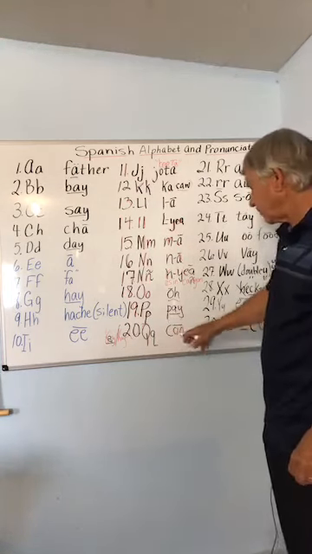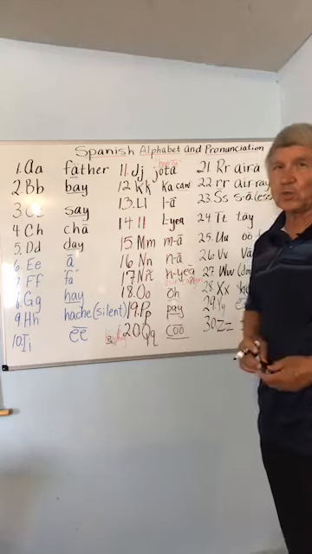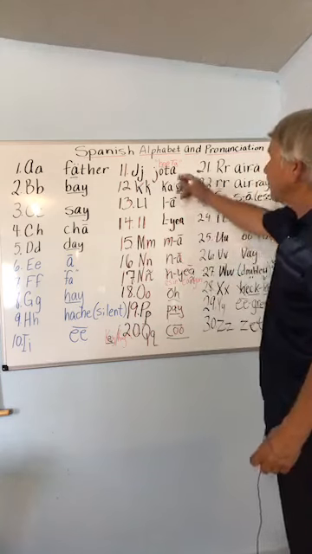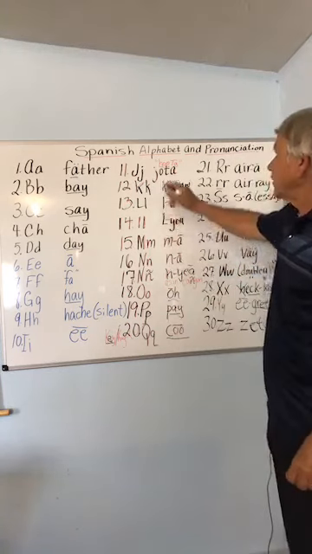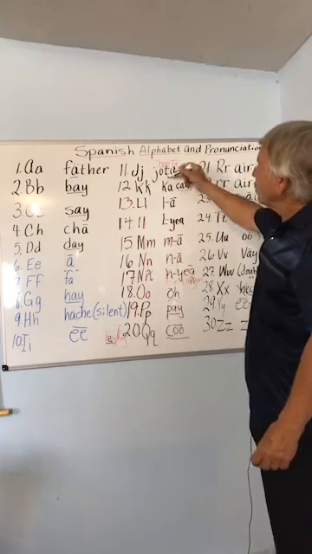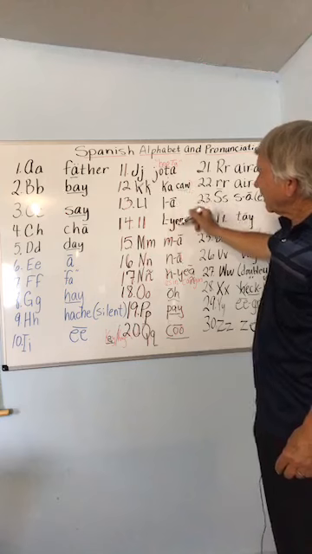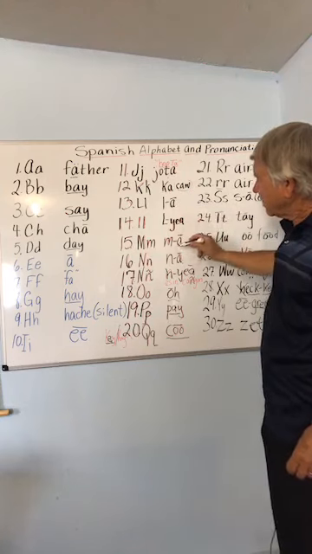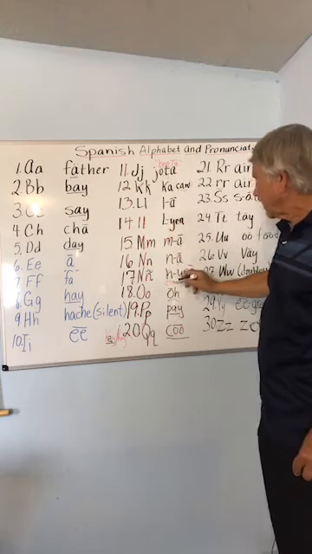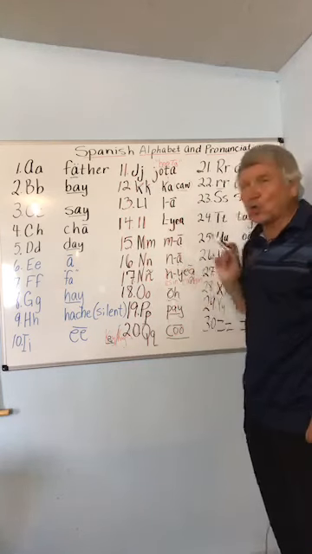Using it, but the actual name is ku. So in the alphabet, ku. So let's go over 11 through 20 otra vez. Here we go. J, everybody with me. K, L, L, M, N, Ñ, O, P, Q.